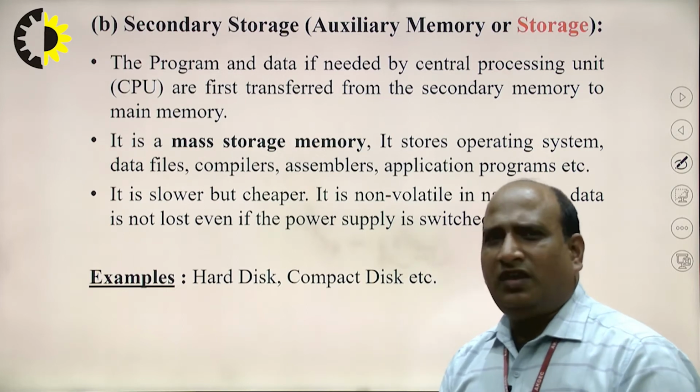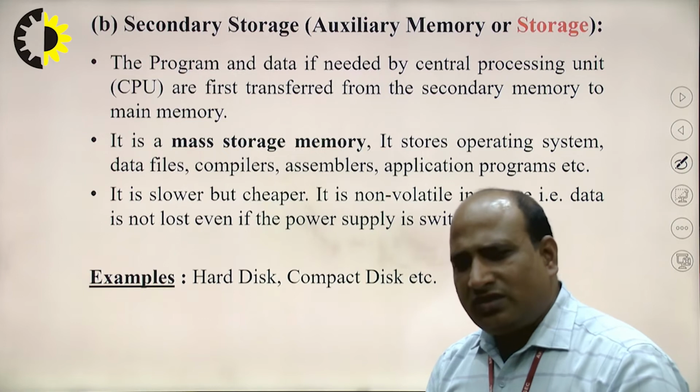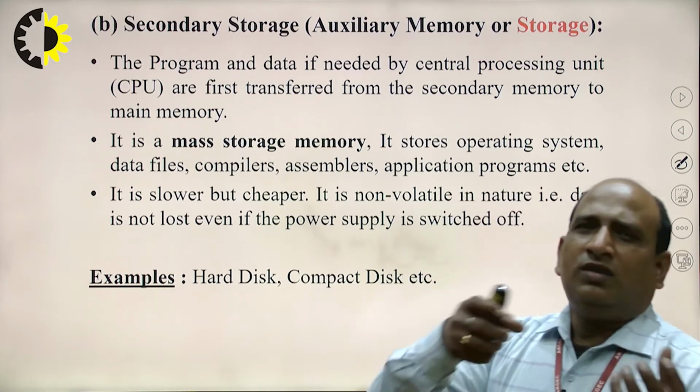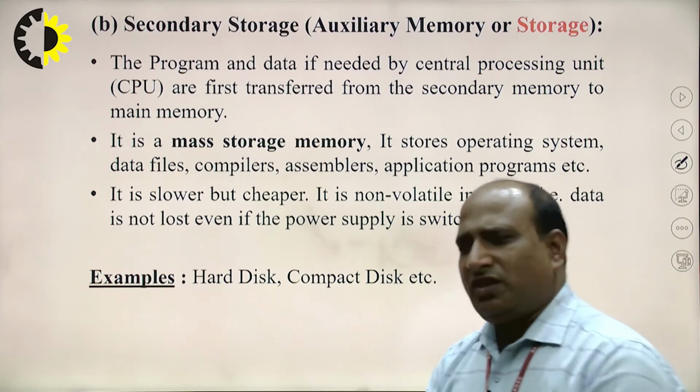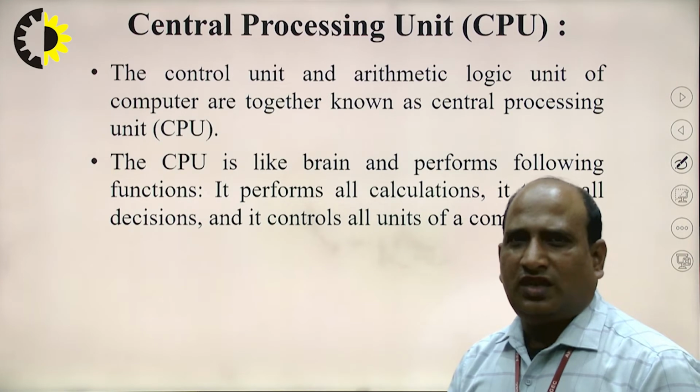Means if the data is stored in secondary memory, it is just moved to the primary memory, and from there it is passed to the processor when the processor is ready to process that.